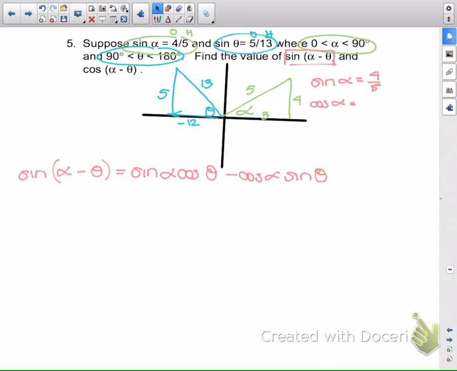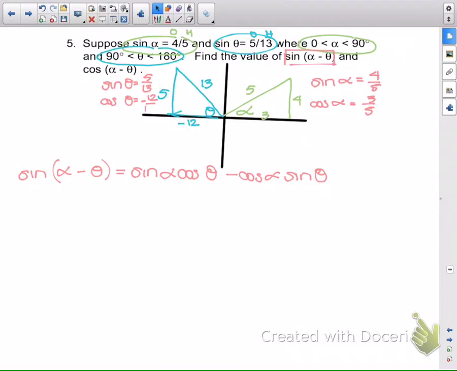The cosine value in that triangle is what? 3/5, adjacent over hypotenuse. I need that same information for the second triangle. Sine of theta, according to this triangle, is equal to what? 5 over 13. And cosine of theta is equal to what?